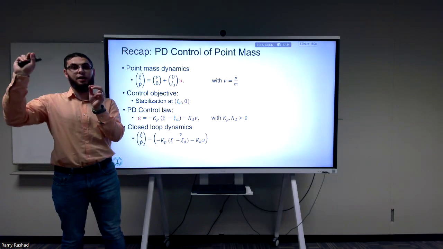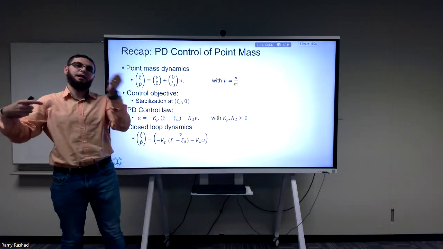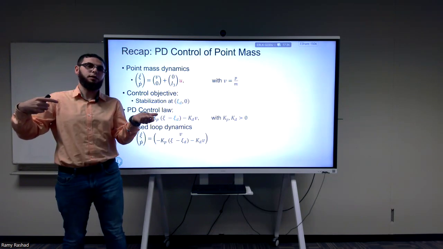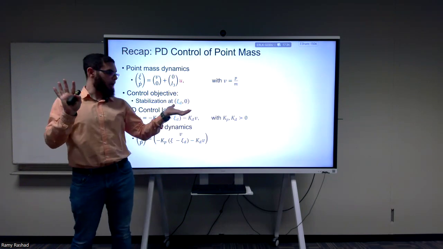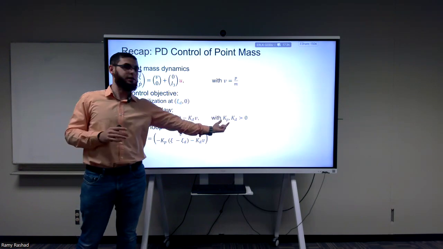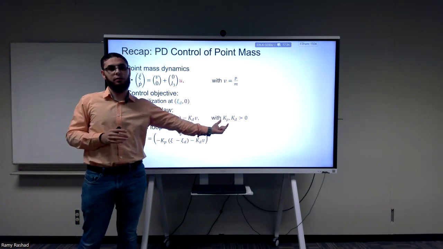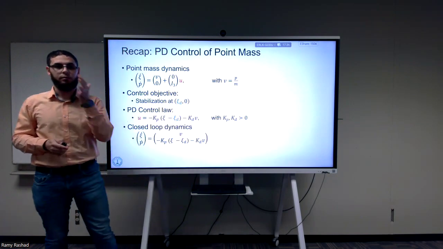But you can also have the off diagonal terms. So this means that when I have a Y error, I'm going to get something in the X actuator. The coupling terms, exactly. So how can I have coupling terms? Yes, provided that you can show that the eigenvalues are positive. So we need in the end the Kp and the Kd to be positive definite.